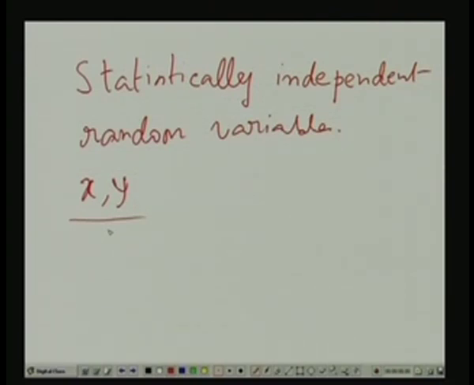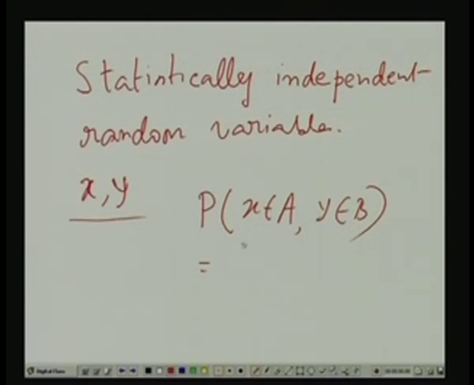Then we say that they would be statistically independent if the probability of the event, say x belonging to a particular set A along the x axis and y element of B, the joint probability, x taken from some set A and y taken from some set B. This is on the y axis, this is on the x axis.